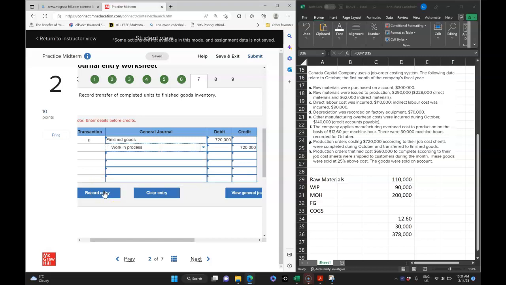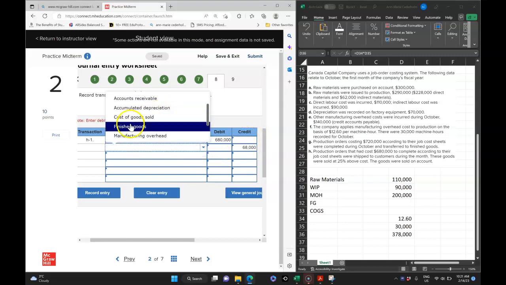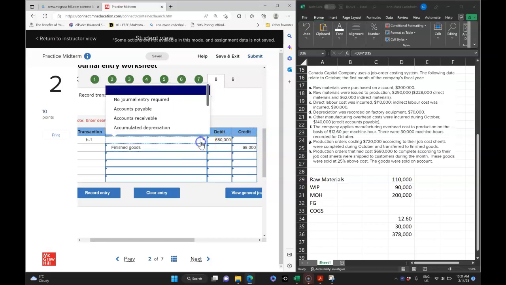So they're now sitting in the finished goods account waiting to be sold. And then production orders that had cost 680,000 were completed and shipped to customers. So once it's shipped, we take it out of finished goods, out of finished goods into cost of goods sold.